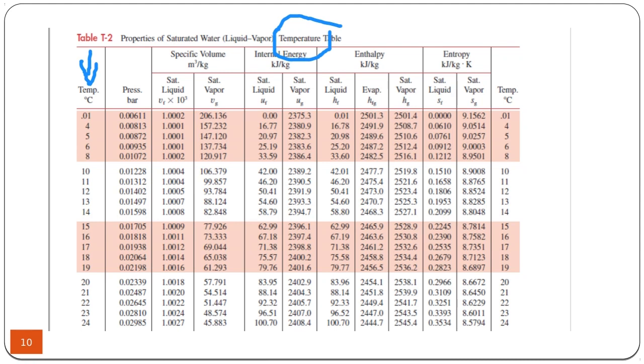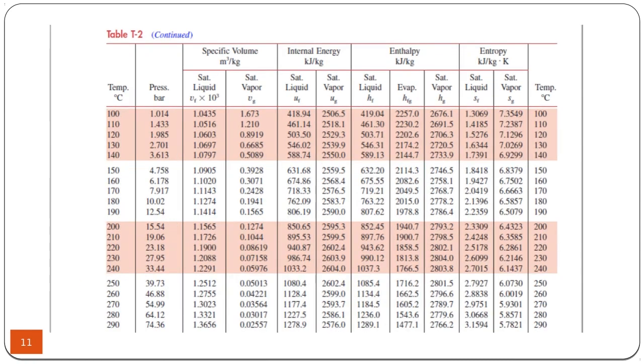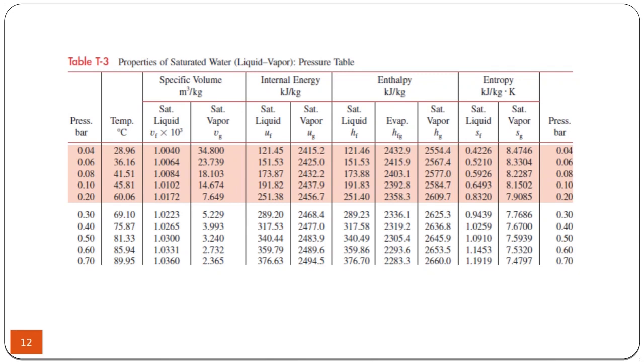Another type of table can be the pressure table, so the table starts with pressure. But both tables have pressures and temperatures. The pressures and temperatures are actually the saturation values.